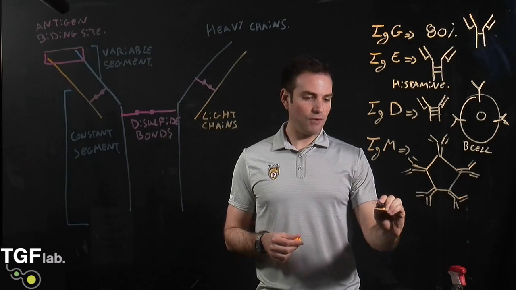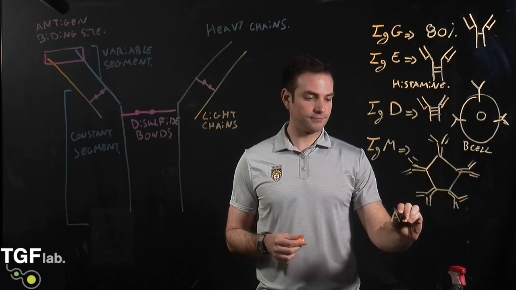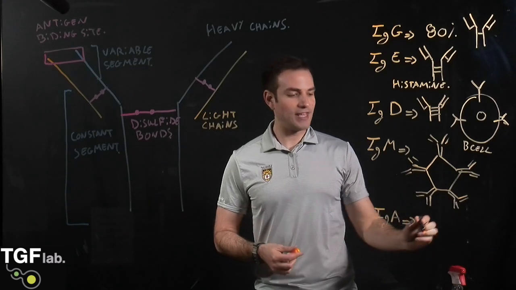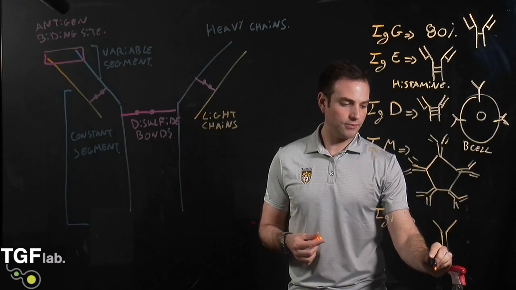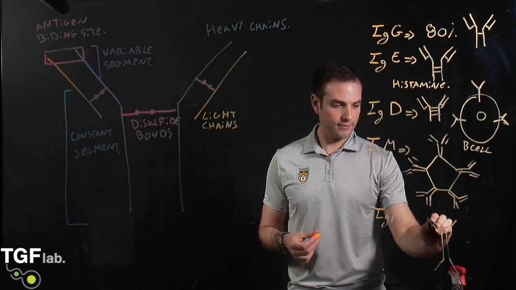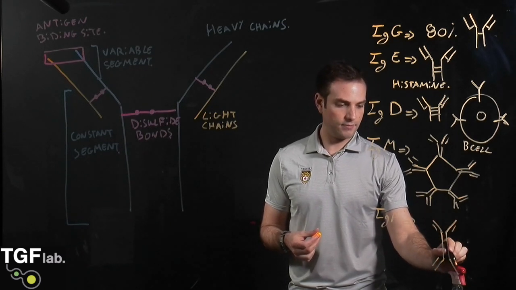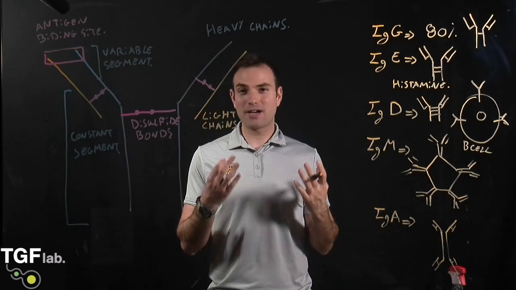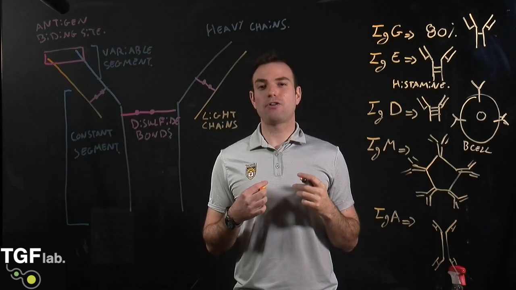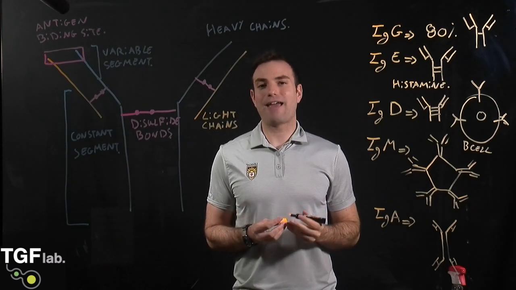And then finally we have the IgA. The structure of the IgA is kind of 2 IgGs together like this. And this IgA is going to be secreted through the mucus and also through tears and saliva, for example.